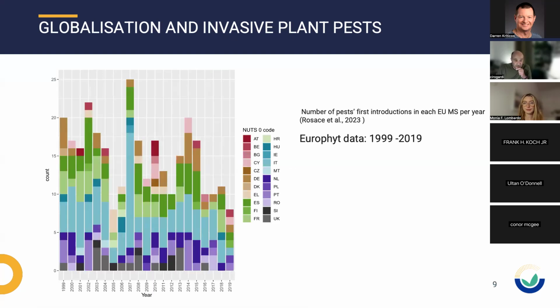From the same paper, this analysis showed the temporal evolution of interceptions. And from this, we cannot see a clear trend because we have a kind of up and down. And the colors represent the interceptions in the different countries.